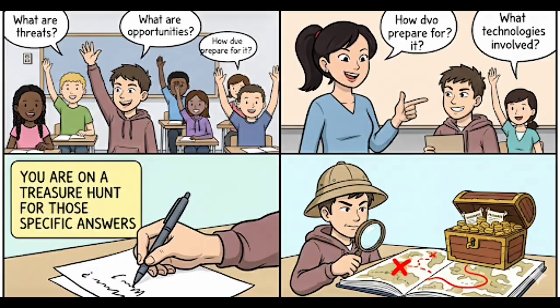Q for question. This is where most students fail. Before you read a section, you must turn the headings into questions. Why? Because the human brain hates an open loop. If I ask you a question, your brain automatically wants to find the answer. Look at our text.